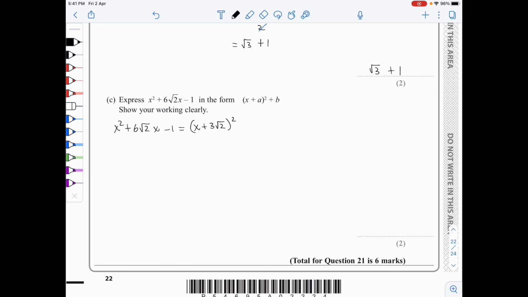Upon expansion, this is giving me x squared, it's giving me 6 root 2x, and it's also giving me the 3 root 2 all squared, which is just 9 times 2, 18. So I will deduct 18 to balance things out so that all of this is giving me exactly that.